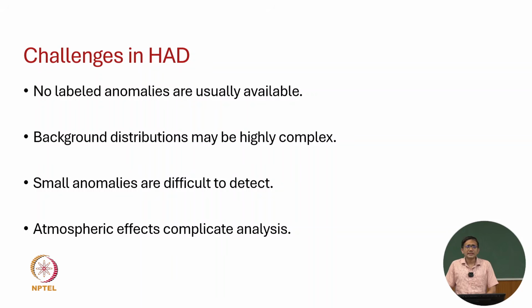And on top of this, the anomalies can be quite small in size, and thus they can be quite difficult to detect. Furthermore, atmospheric effects and the presence of cloud and similar phenomena can further complicate our analysis.